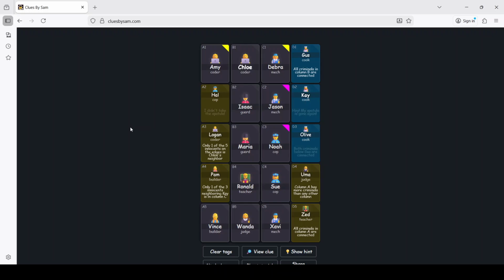Just something I do want to point out here. Can we figure out the minimum number of criminals necessary for column B? Because I feel like I'm probably missing something here.